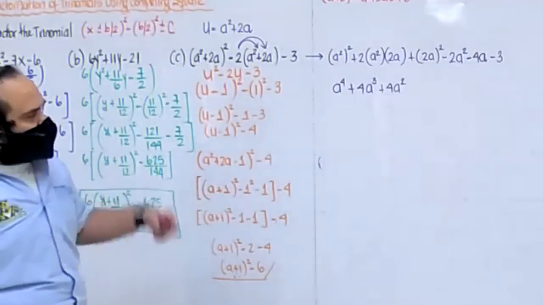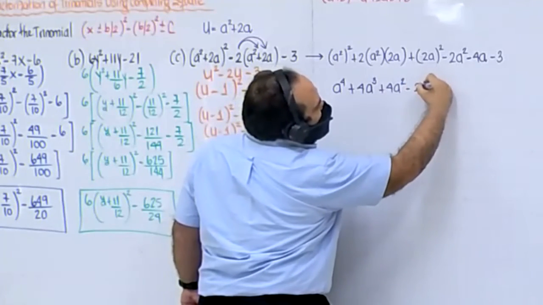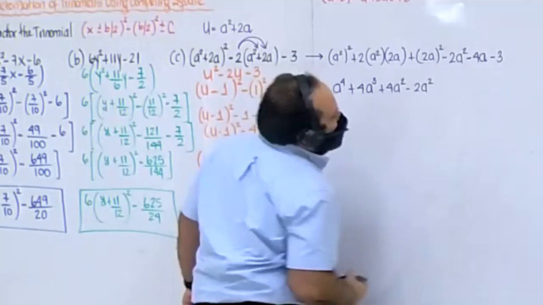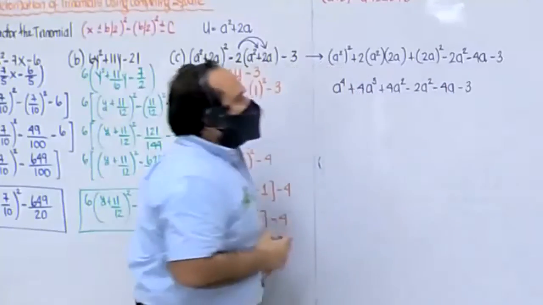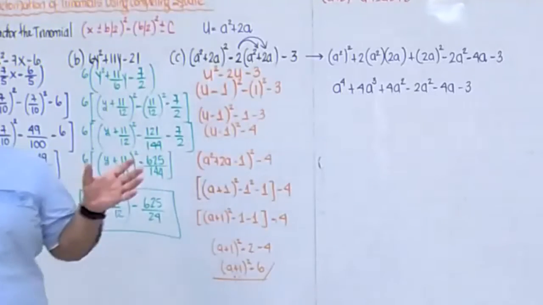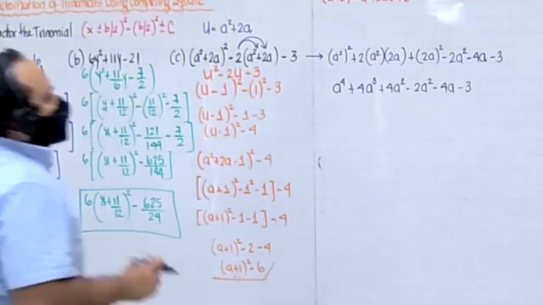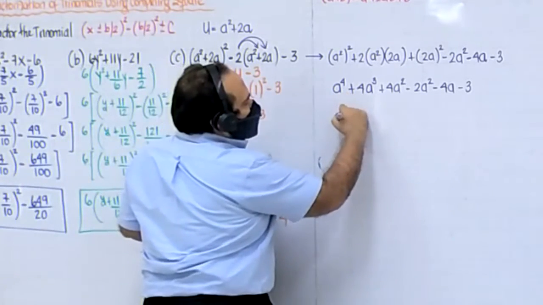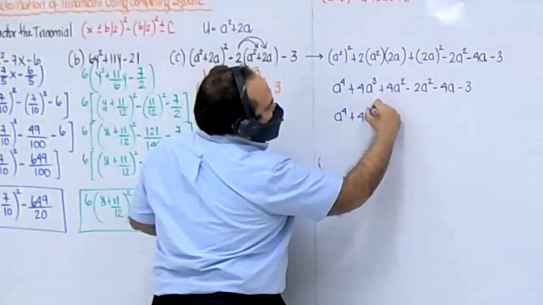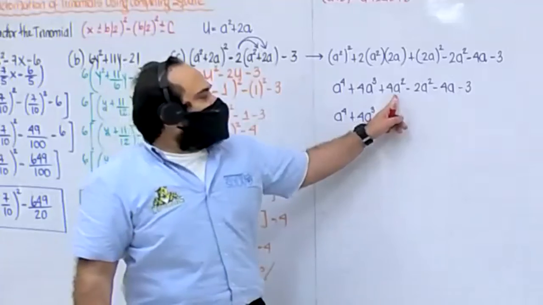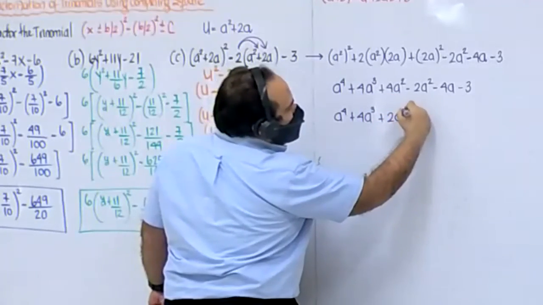All right. Continue with this expression. We are going to copy negative 2a squared. All right. Negative 4a and negative 3. As you can see, we must apply like terms. There are no like terms over here. We got a to the 4 power plus 4a to the cube power, 4 minus 2, that will be positive 2a squared.